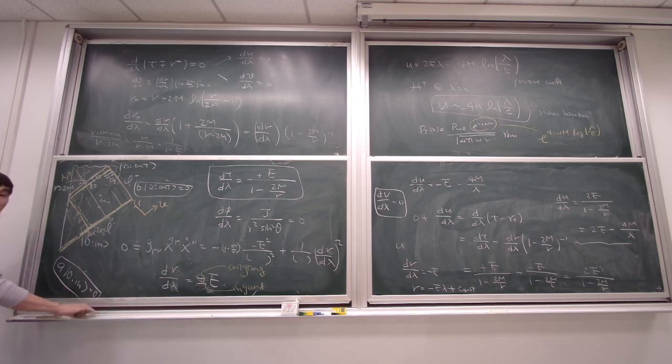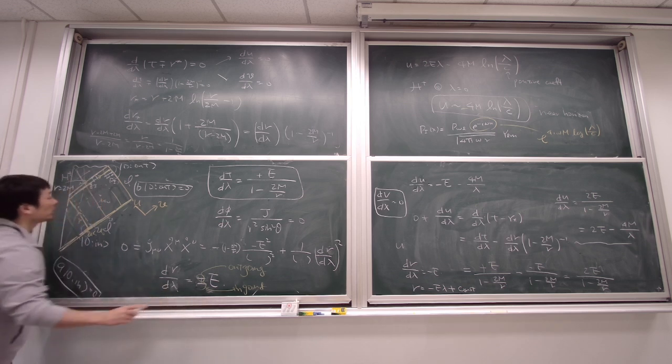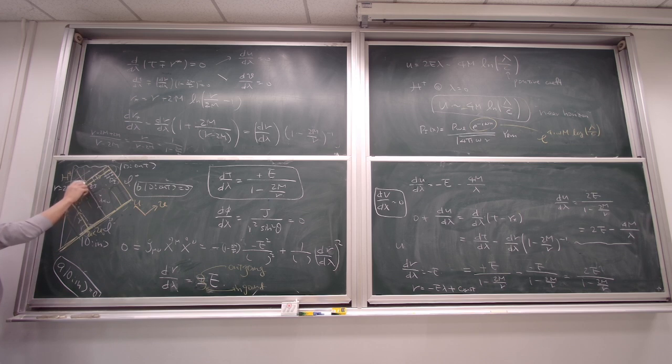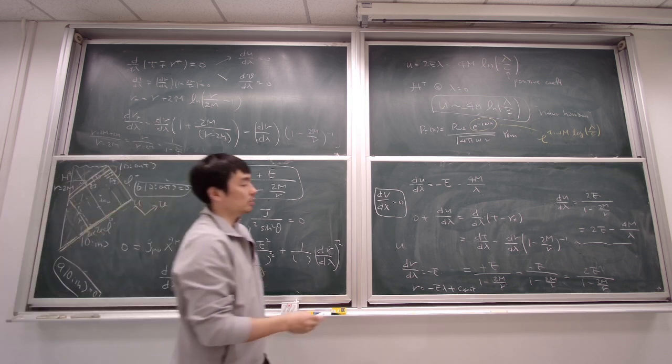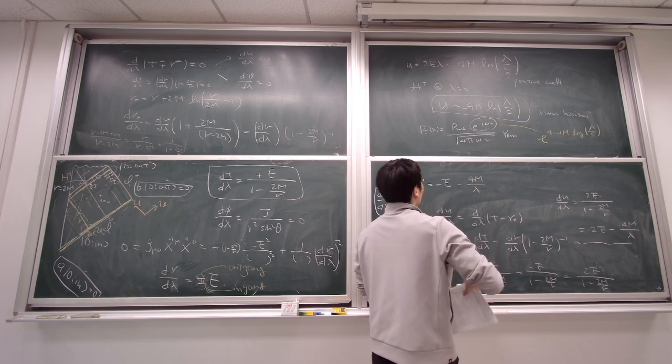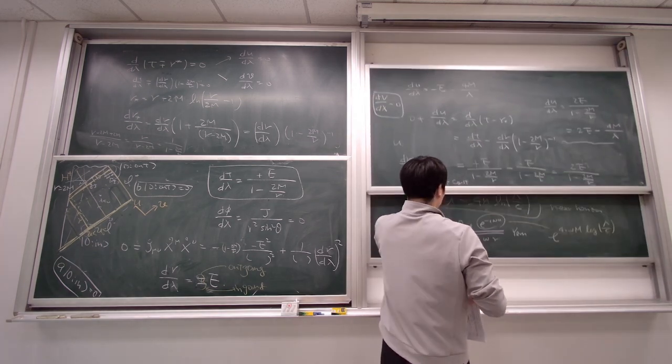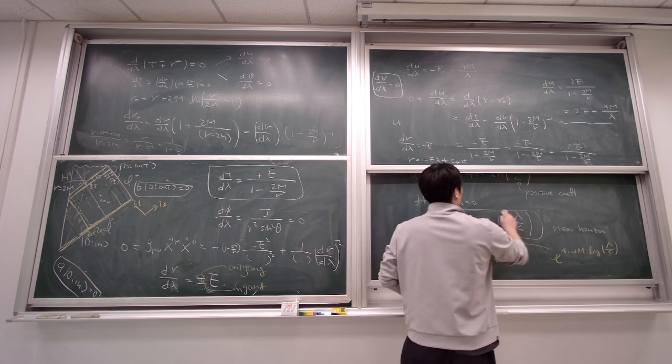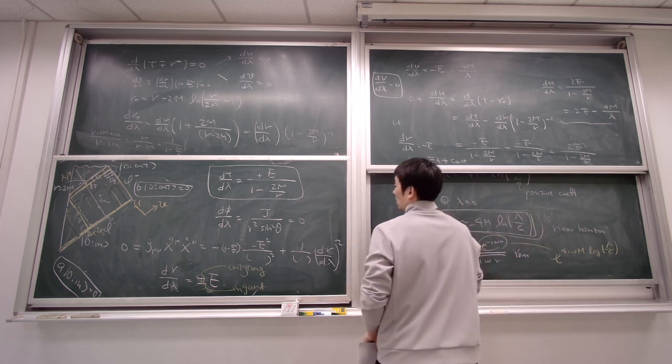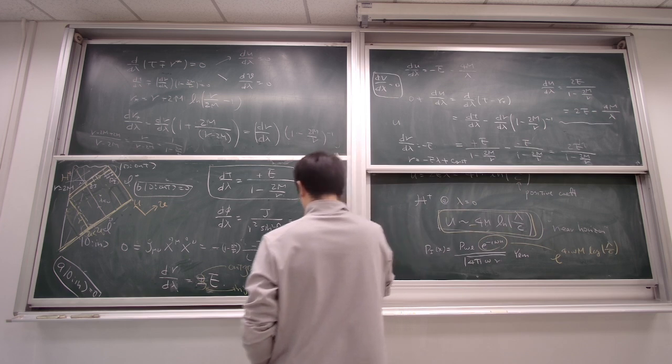So what we saw is that lambda equal to 0 around here, and we already know that u can be written this way. Maybe I can erase here.